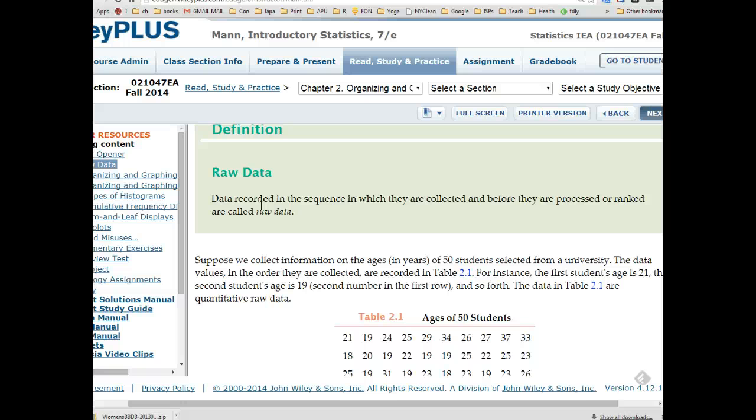You just take, I got this piece, and I got this piece, and I got this piece. And before they are processed or ranked, right? So it's not graphed, it's not averaged, it's not anything. It's not even ranked. It's not even ordered. Okay, that's called raw data, just as it was collected.